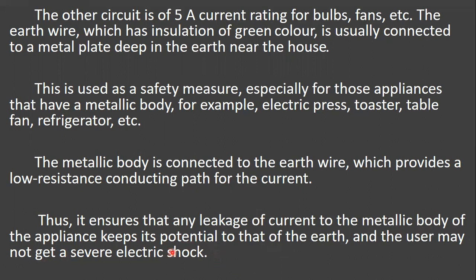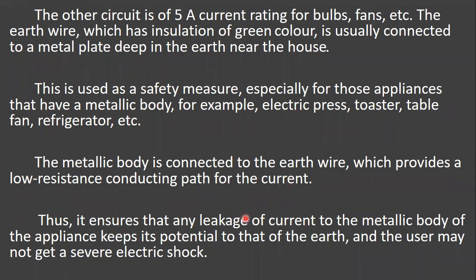See children, the metallic body of the appliances is connected to the earth wire, which provides a low resistance conducting path for the current.